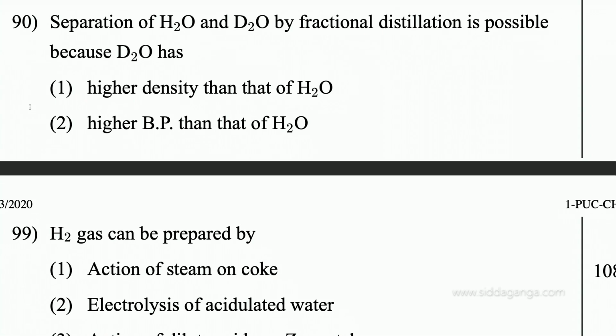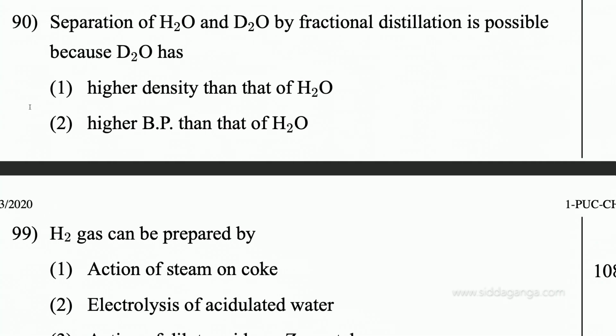Yes, separation of H2O and D2O by fractional distillation is possible because D2O has higher density than that of H2O, higher boiling point than that of water, higher freezing point, lower dielectric constant. So the second option, higher boiling point than that of water.